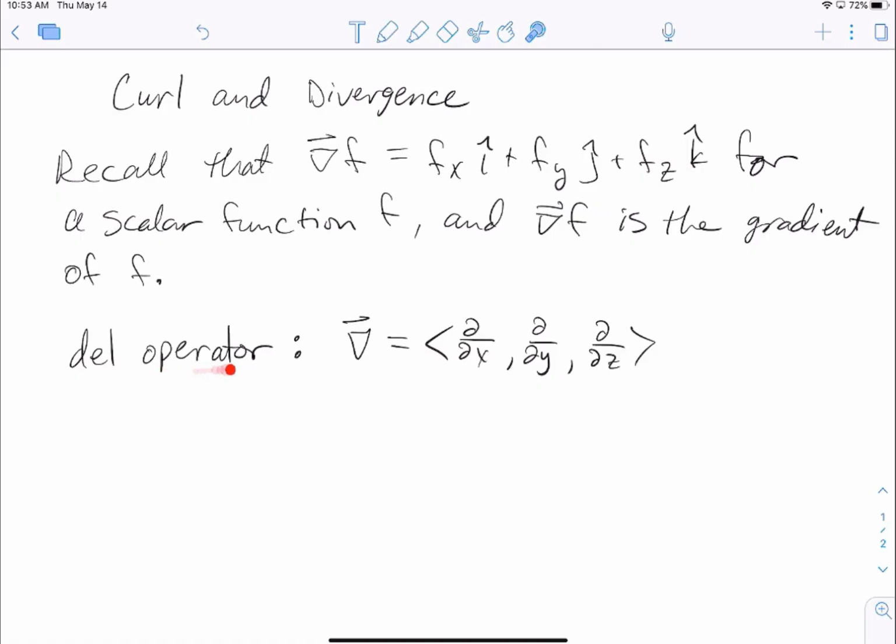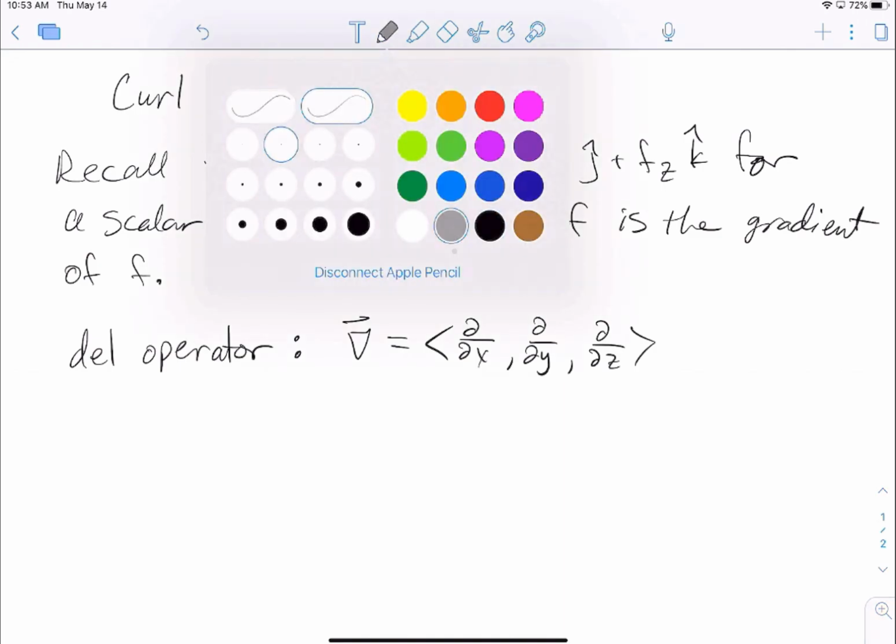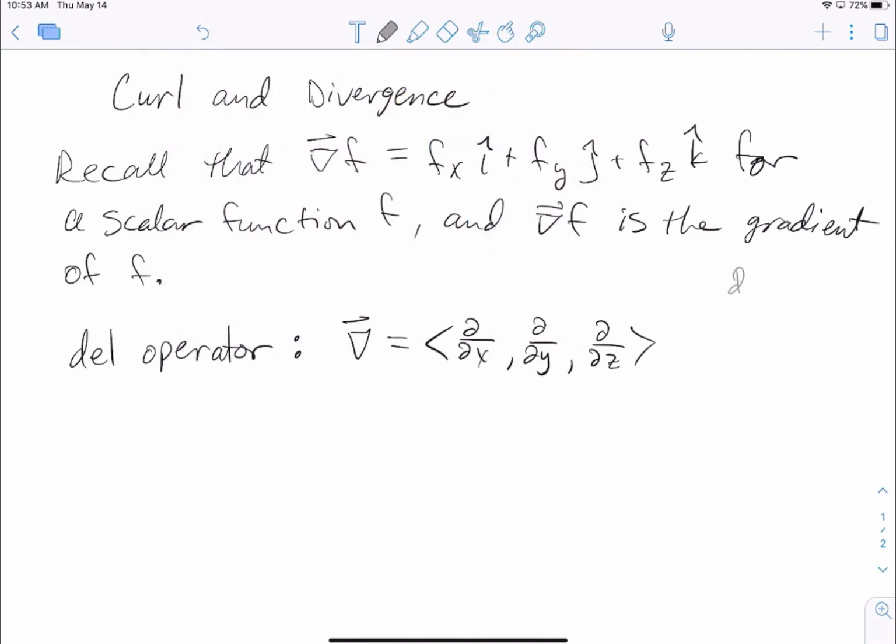And just for some context here, an operator is something that acts on functions. We've seen them before. The derivative is an operator, right? So I wrote that as a partial. The derivative with respect to x is an operator, and it acts on a function f of x. It doesn't have meaning until it acts on that, but it tells you what to do.